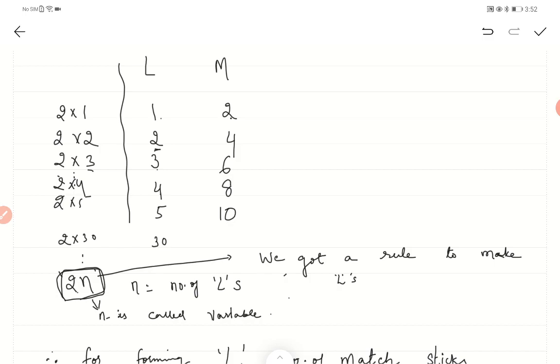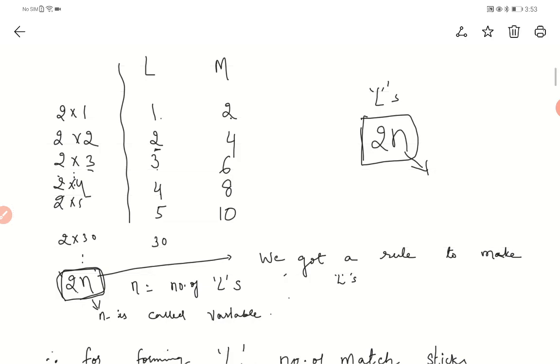I have come to a conclusion with an expression or rule to make L's, and 2n represents the total number of matchsticks needed to create the number of L's. This n represents the number of L's we want to make, the pattern of number of L's.